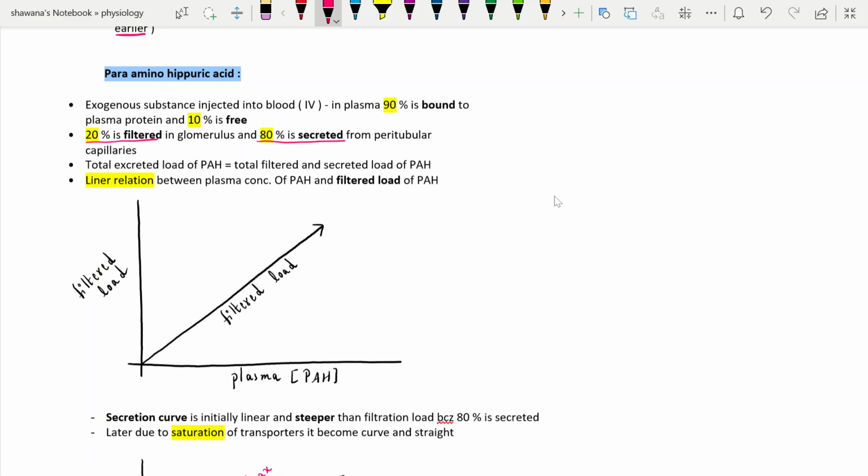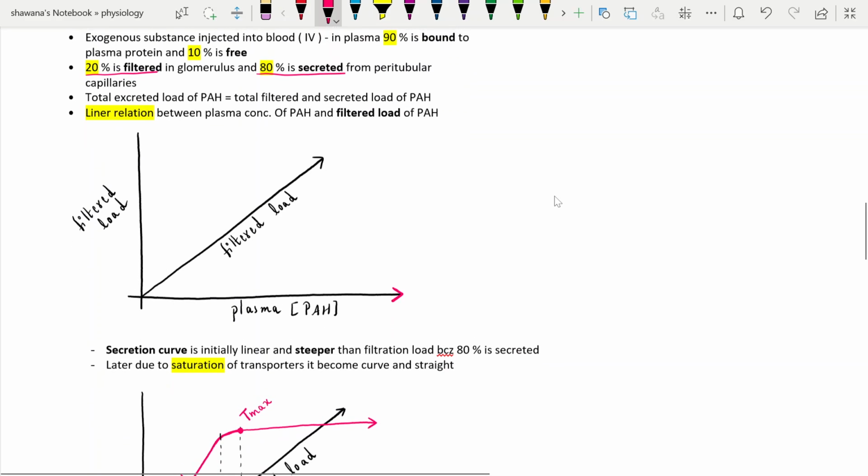It means that when the plasma concentration of para-aminohippuric acid starts to increase, the filtration starts to increase, right? There is a linear curve showing the relationship between the plasma level of para-aminohippuric acid and the filtration load. But the secretion is more than the filtration, right? 80% is secretion and only 20% is filtration.